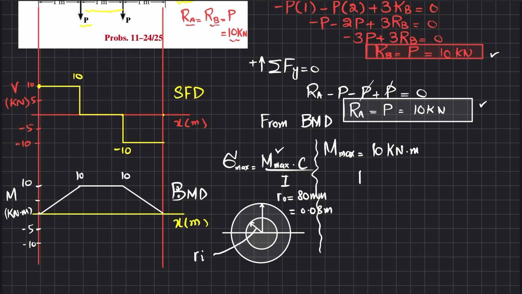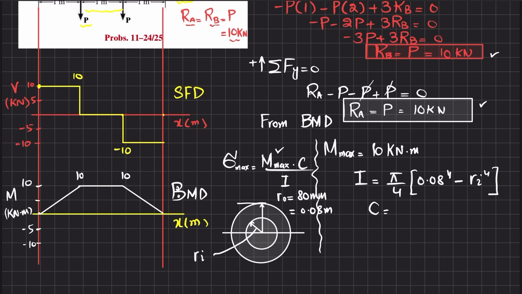So the moment of inertia for this hollow circular pipe will be equal to pi by 4 into outer radius power 4, outer radius is 0.08 meter, minus inner radius power 4. What will be C? C is the distance from the neutral axis to the topmost point.